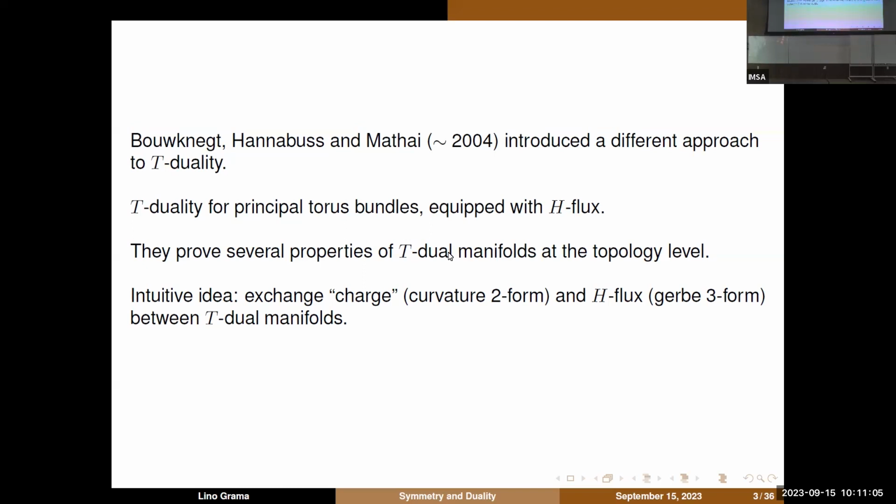In this case the duality occurs in pairs: you need a manifold together with a three-form, the flux. The flux we can understand like a gerbe. You can twist the bundle, put in this form and produce a gerbe.